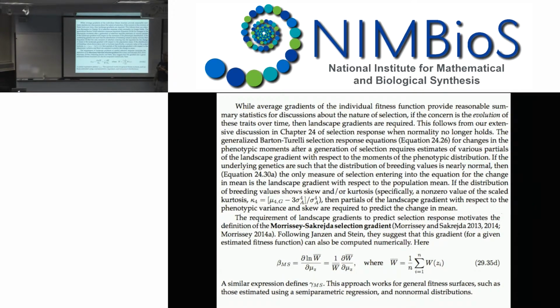There's something called the Barton-Turelli equations, which are covered in chapter 24, where if you've got non-normal data, it tells you what happens, and the leading term is this term here multiplied by the additive variance. Then there are additional terms that are functions of higher moments times things like the genomic skew. These things are very important in determining how the population evolves, and you compute those numerically.